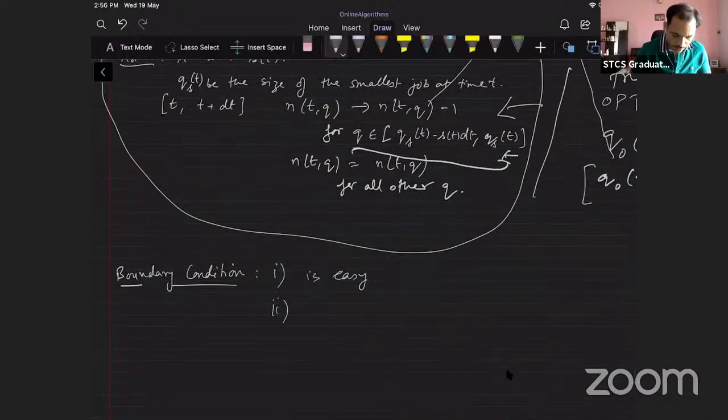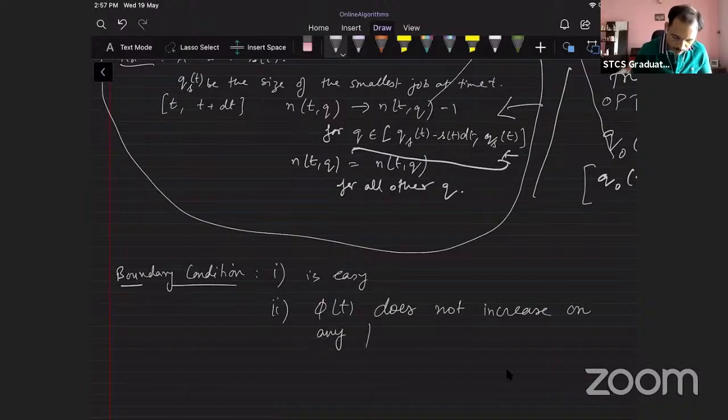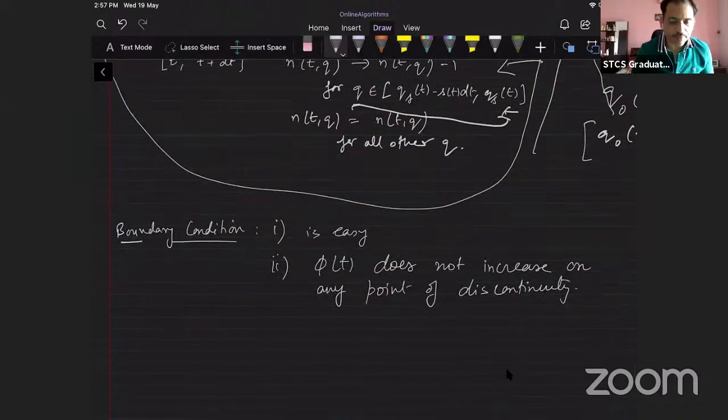The second, that phi of t does not... So what are the points of discontinuities for phi? There are only 2 types.